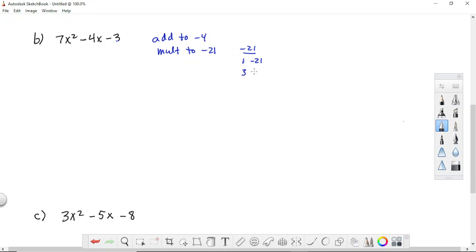But 3 and negative 7, that's the one, right? So that does add together to make negative 4. So we've got our pair. We're going to split that middle into 3x minus 7x, because that's our numbers there, 3 and negative 7.